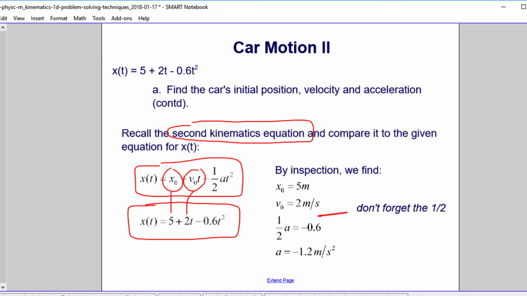And the only trick here is that 1/2 times the acceleration matches up with 0.6. So by inspection, the initial position is 5 meters, the initial velocity is 2 meters per second, and then, don't forget that half when you find the acceleration. You have 1/2 a is minus 0.6, and there's our acceleration, which exactly matches what we found on the previous slide.